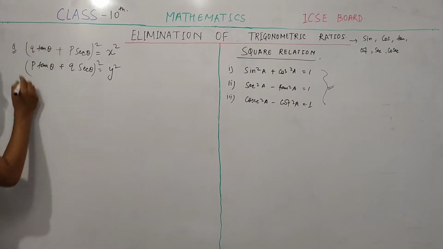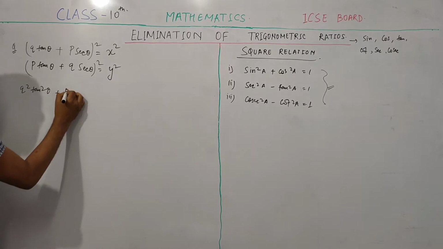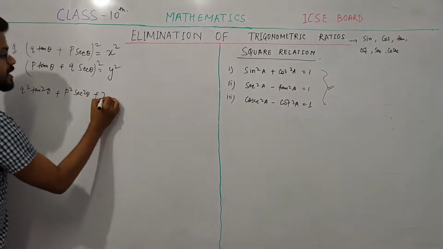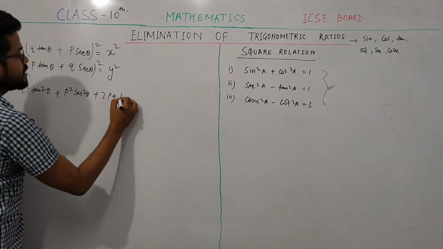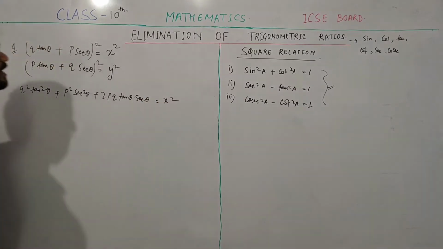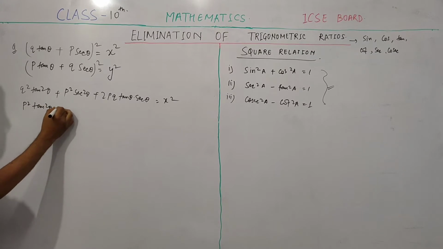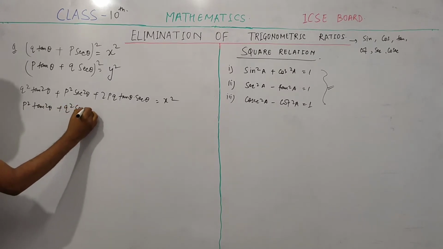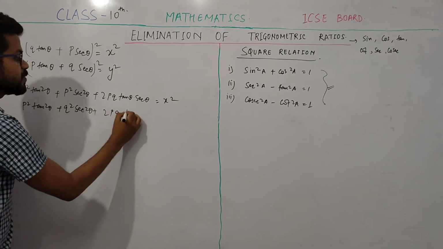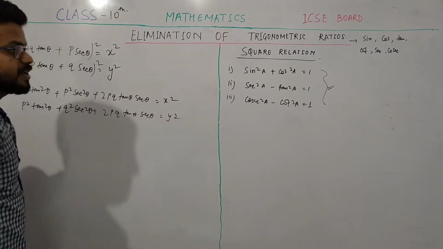So here this is q square tan square theta plus p square sec square theta plus 2pq tan theta sec theta is equal to x square. Now in the second equation, it is p square tan square theta plus q square sec square theta, and the last one is 2pq tan theta into sec theta, which is equal to y square.